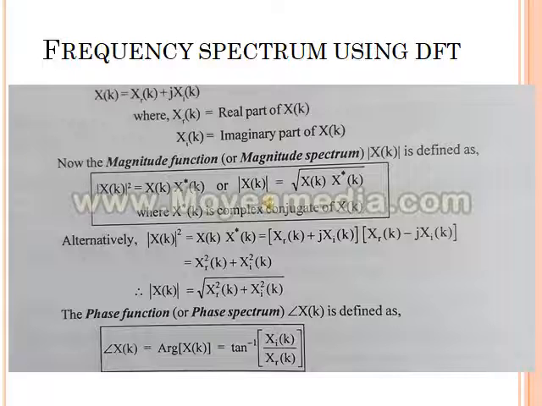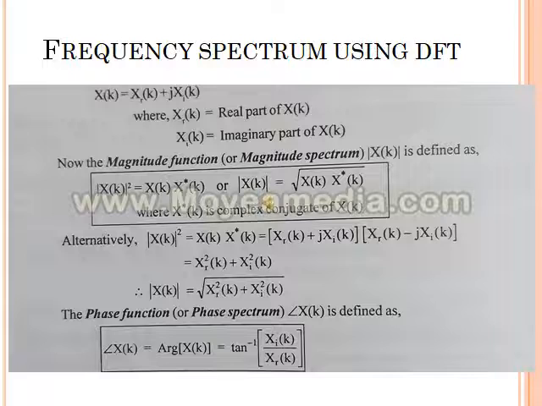There are two types of spectrum information that we can draw from the DFT. One is we can plot its magnitude versus frequency, how the magnitude of the signal varies with frequency, and how the phase of the signal changes with frequency.